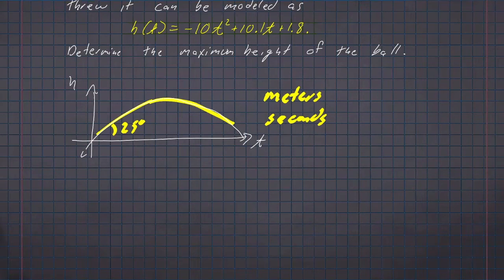And whenever we have a parabola that opens downward, the maximum height of the parabola is the vertex of the parabola.